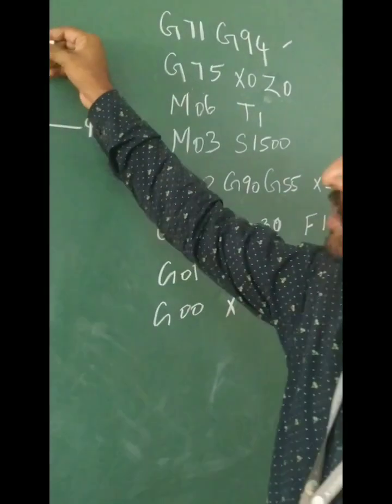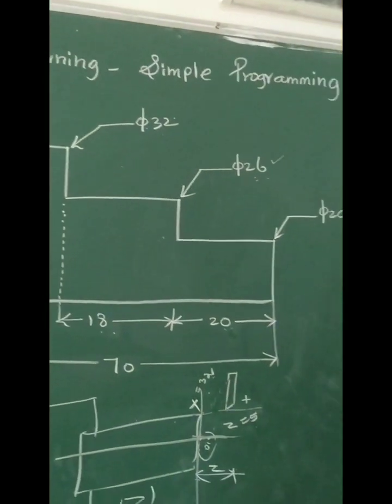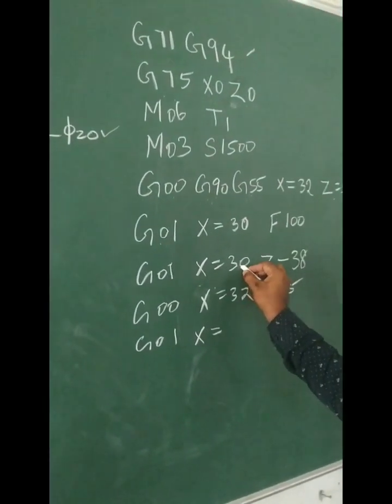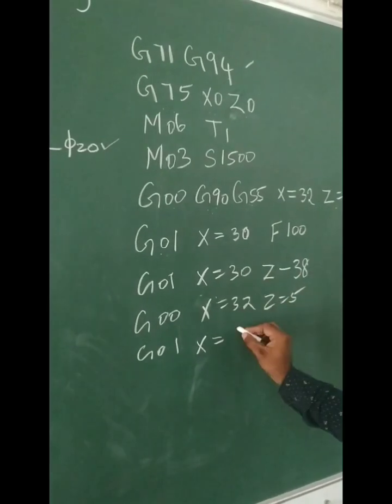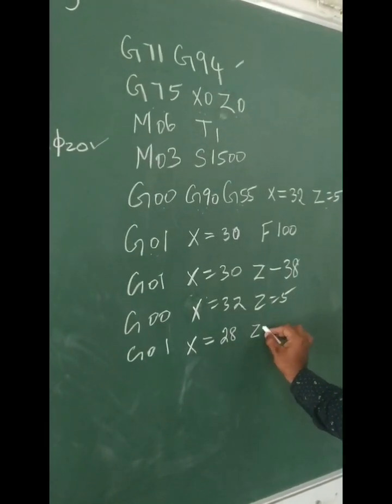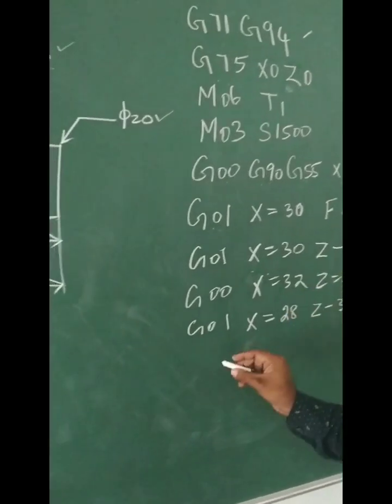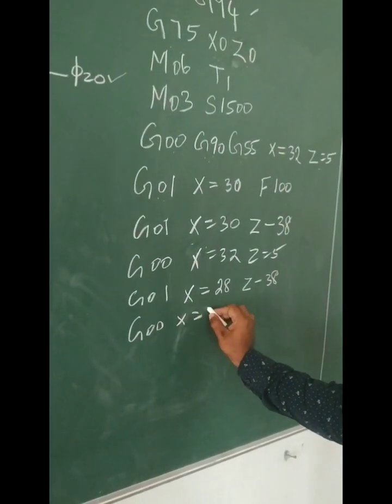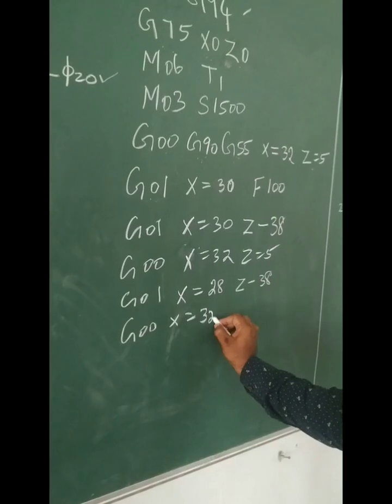Again I have to cut up to 26. G01, X equal to 28, Z minus 38.